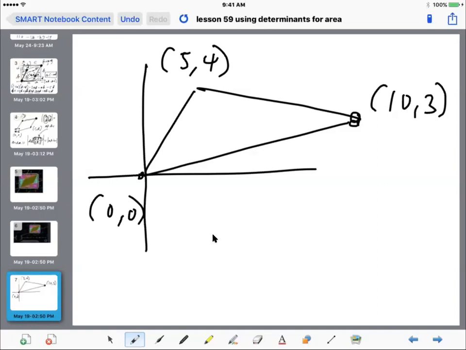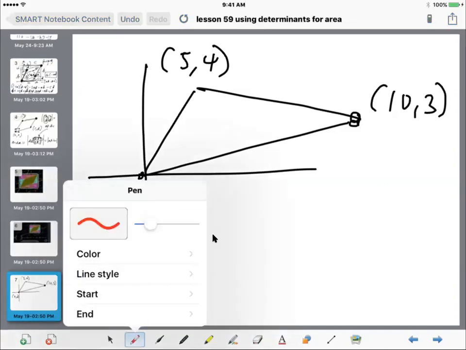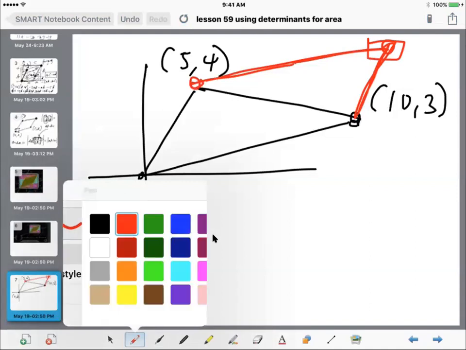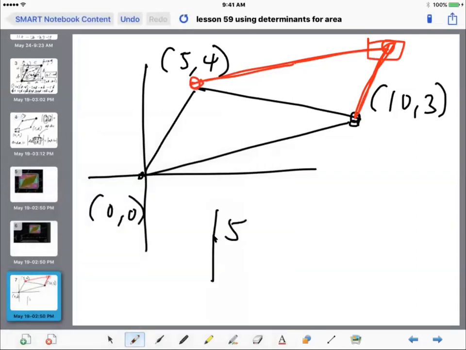The thing to realize about this question is that even though it's not a parallelogram, a parallelogram could always be split into 2 congruent triangles. And even though we aren't told this fourth point, it doesn't matter because the area of the whole parallelogram would be the determinant of 5, 4, 10, 3.